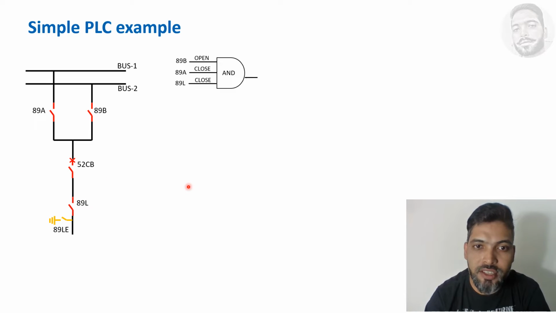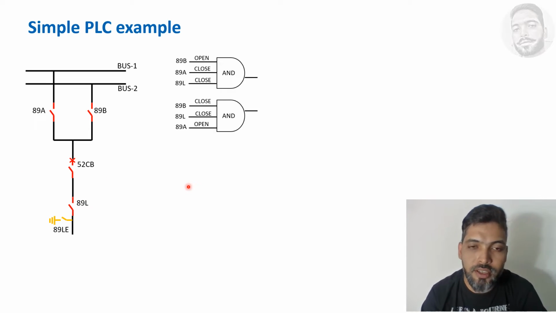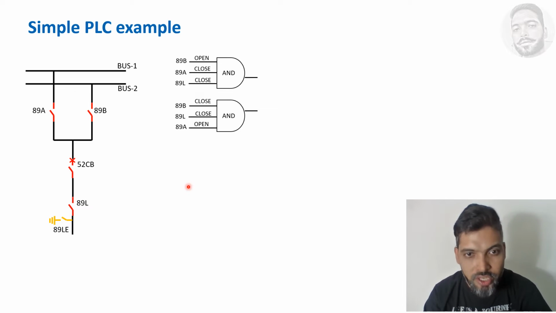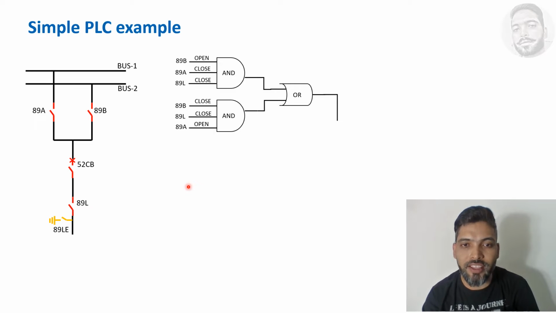In this case, it will give a signal called true. Otherwise, maybe 89B closed, 89L closed, 89A open. If either of the signals is okay, then you can close the breaker.